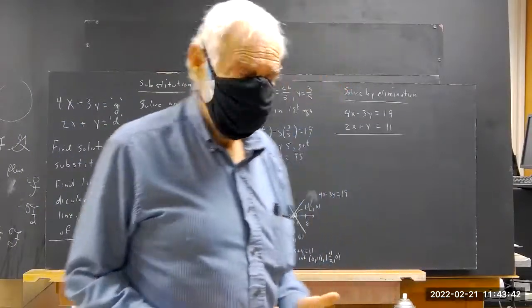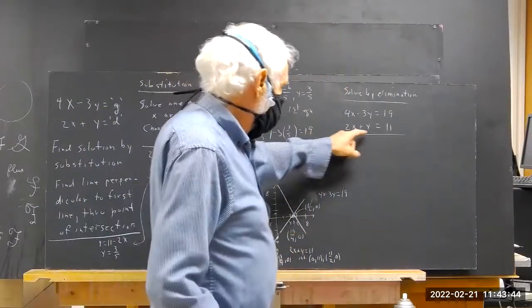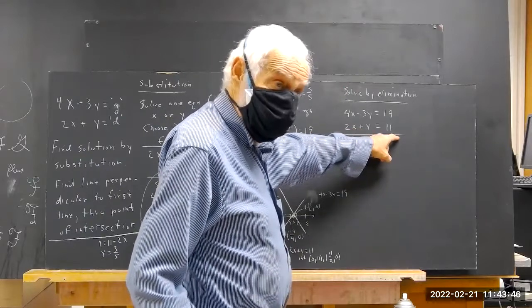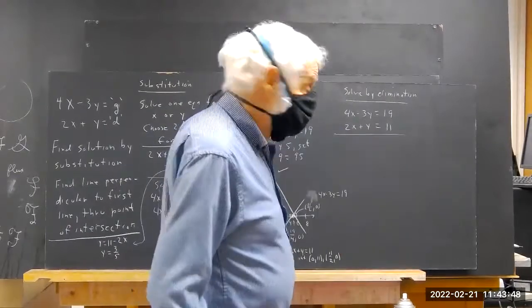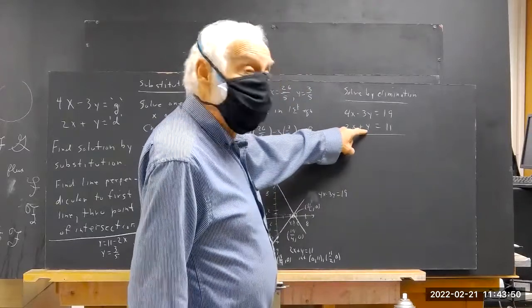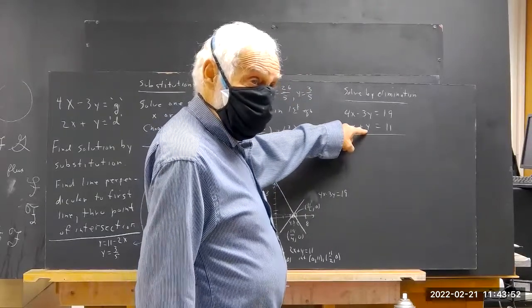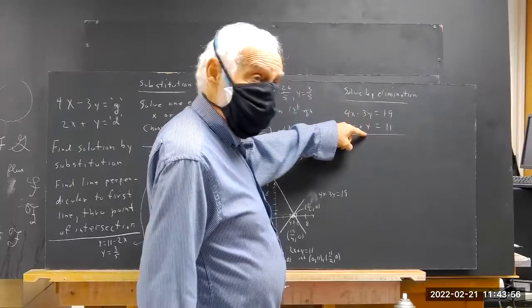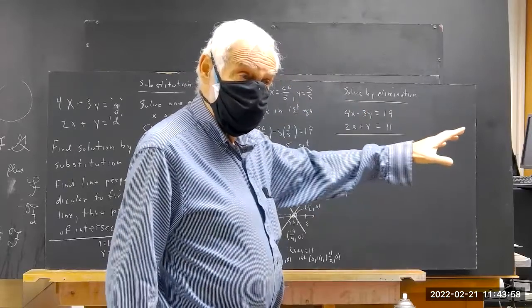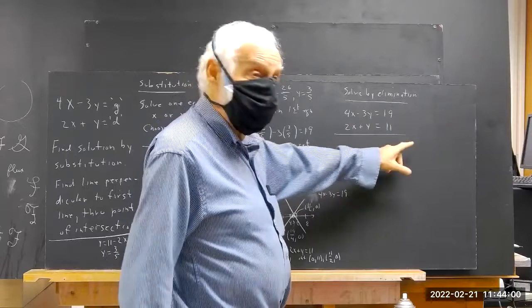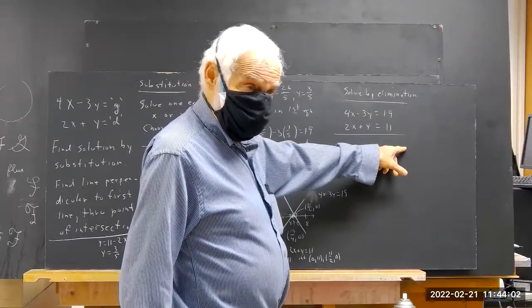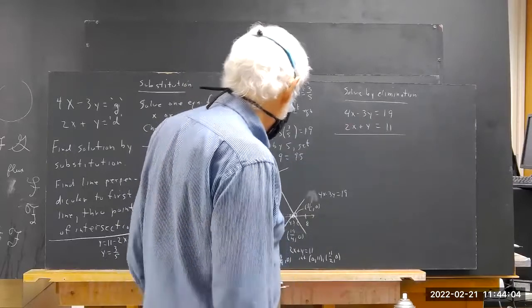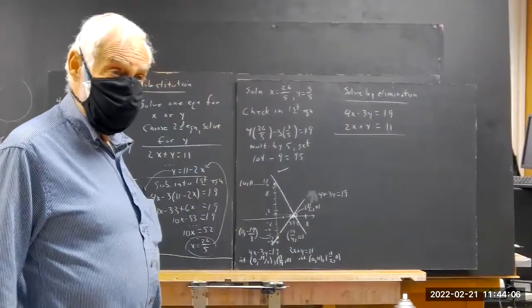Now, notice, if I multiply both sides of the second equation by 3, then I'm going to get a 3y here. Then if I add the 2 equations, I've got a negative 3y here and a y here. Y goes away. And I end up with just an equation for x.